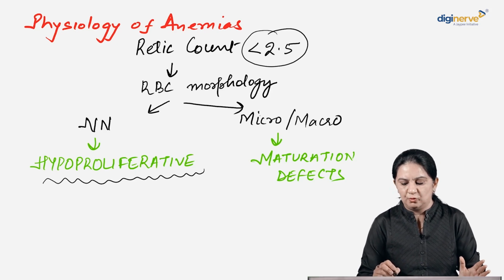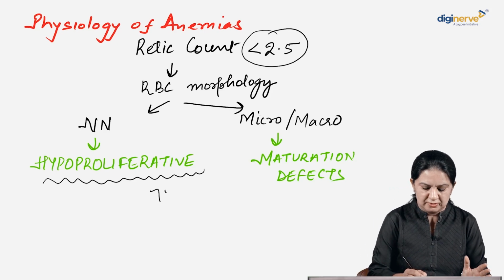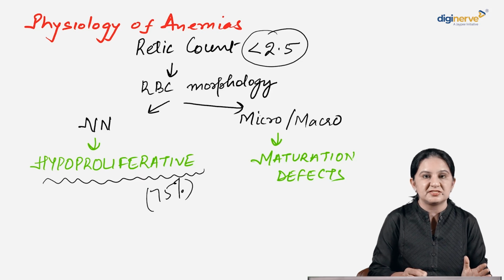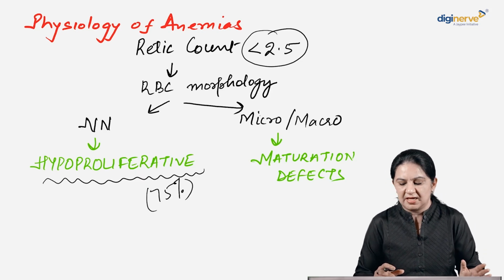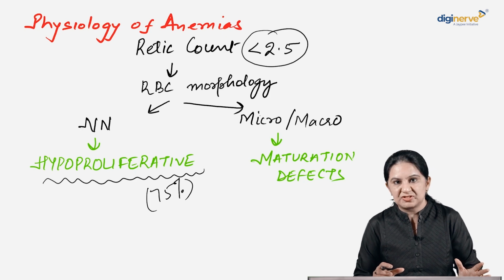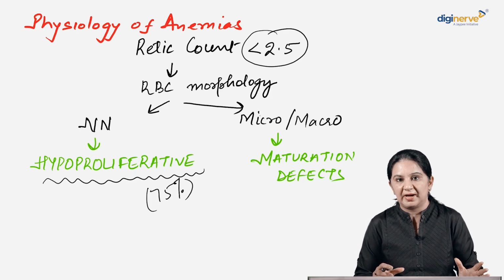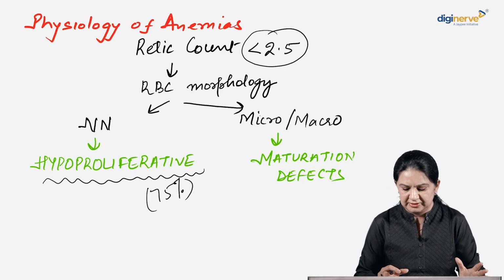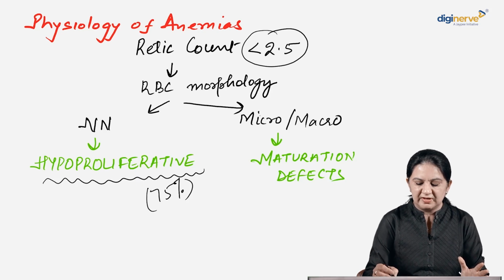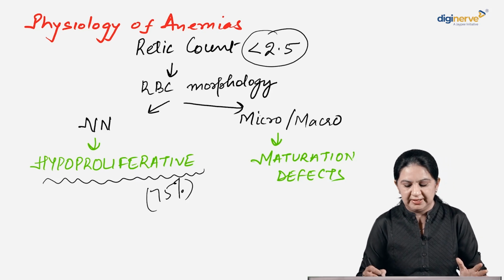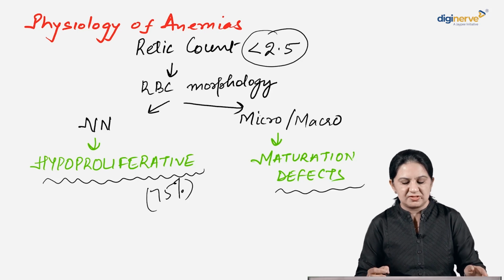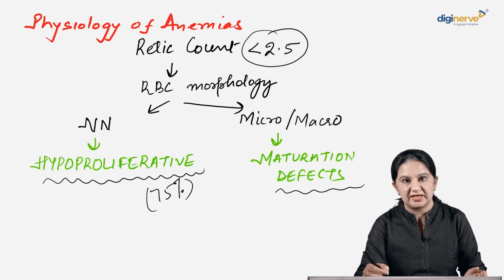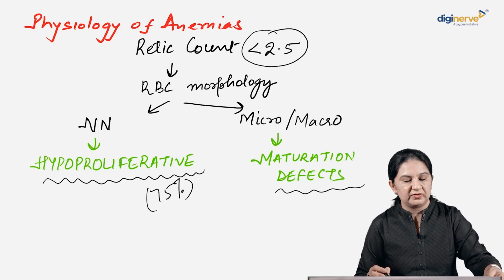Hypoproliferative anemias are the most important anemias. Around 75% of the cases of anemias are hypoproliferative. These anemias are characterized by absolute or relative failure of the marrow in the erythroid lineage. All right. So the other one, micro or macrocytic anemias, are basically caused due to maturation defect. All right. So this was reticulocyte count less than 2.5.